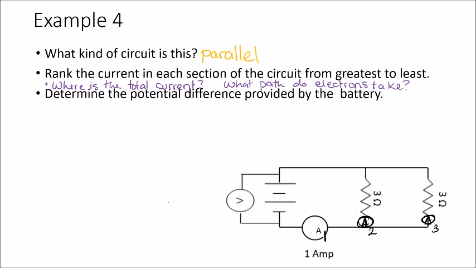In this case, the battery is over here, so that's where our start and finish is, which means the total current can be measured on this wire or on this wire. So in this case, ammeter number 1 is showing us the total current.